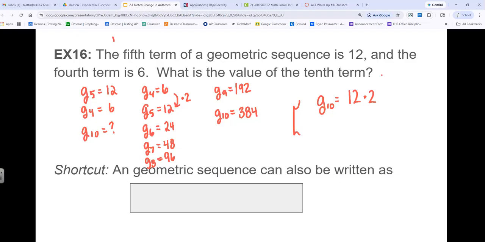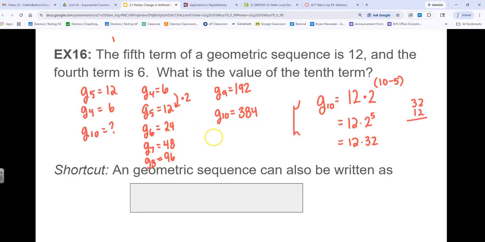It'd be 5. And how do we know it's 5? We start on the 5th, right? And we want to get to 10. So if I do 10 minus 5, then I've got 12 times 2 to the 5th. 2 to the 5th is 2 times 2 times 2 times 2 times 2, which is going to be 32. So I'm doing 12 times 32.